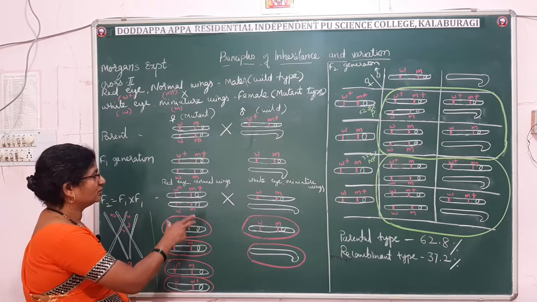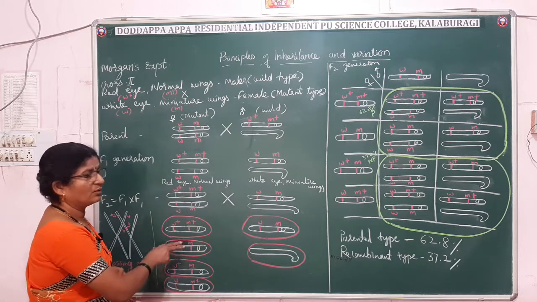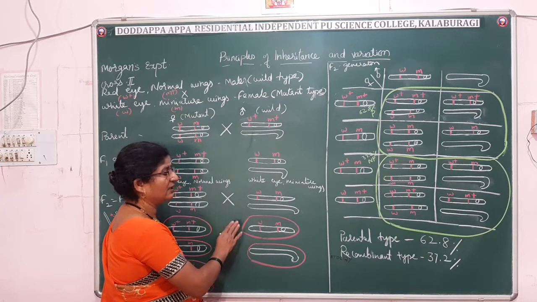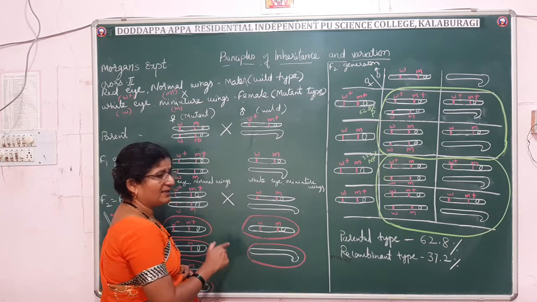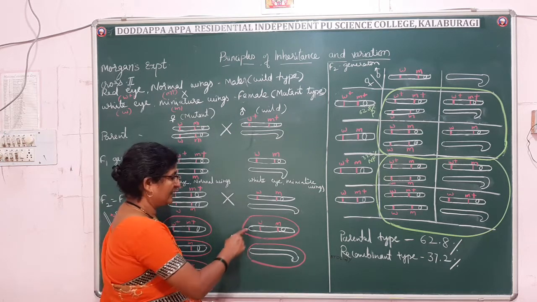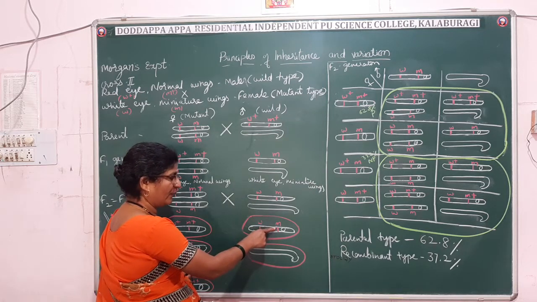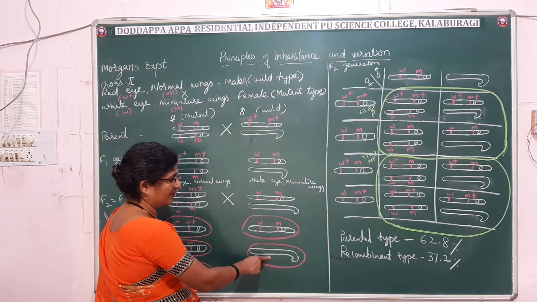Fine. So these are the female gametes, ova, and male gametes 50% were having X chromosome which were having the mutant gene, that is the white eyed miniature wings, and Y chromosome is there.